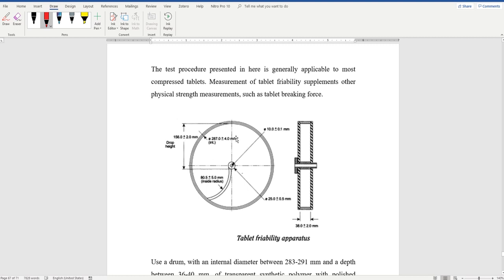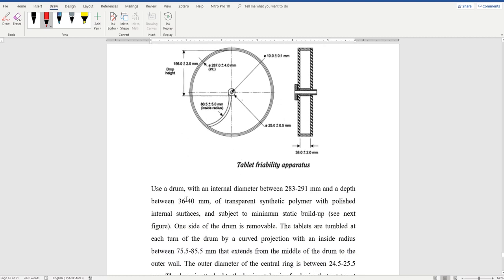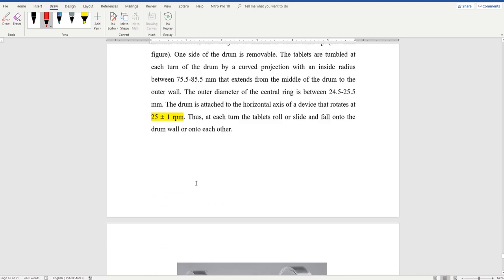So how is this test done? First you need to make sure that the drum is clean from inside, no dust, nothing, no particles. And then you will take a number of tablets. Now the number of tablets, as I said, minimum is 10, but it depends on the weight.